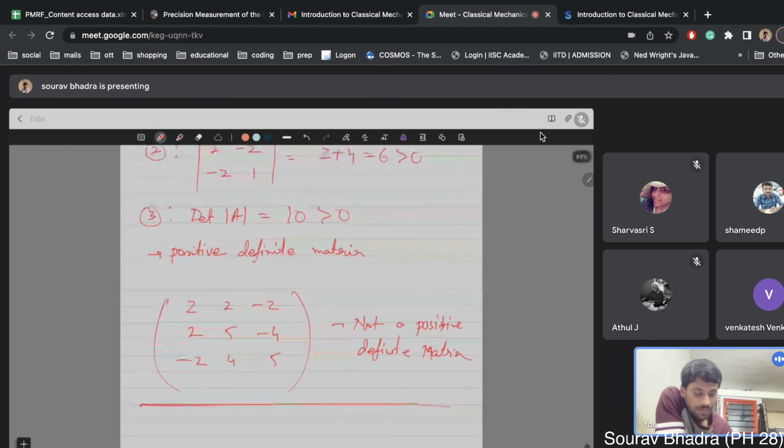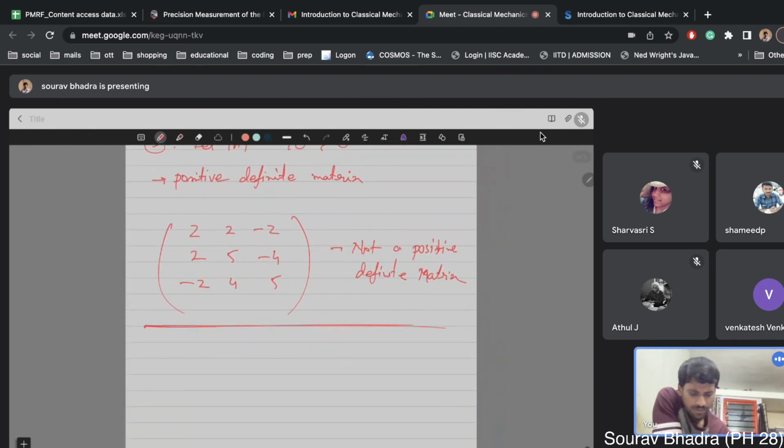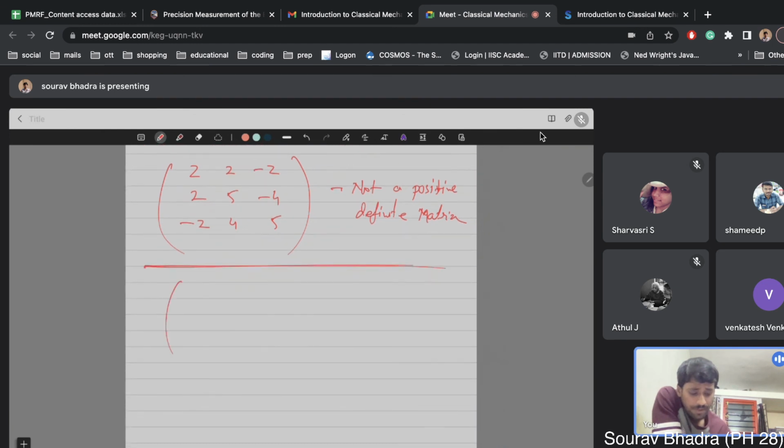And another problem was, you are given a matrix, and you have to find the matrix which can diagonalize this particular matrix A. This is also a very simple example.